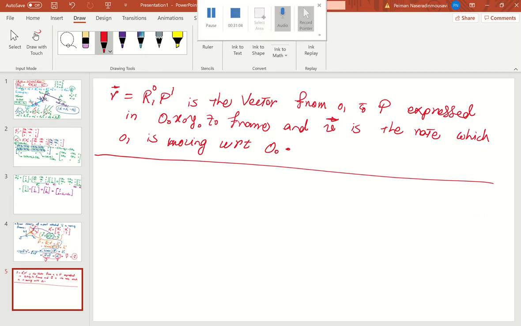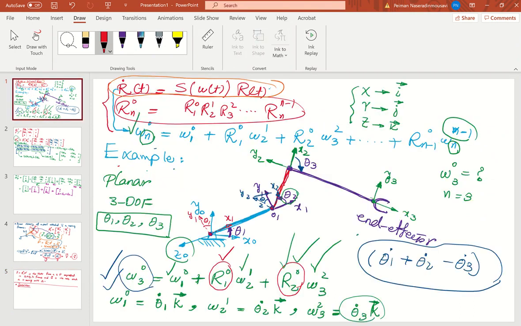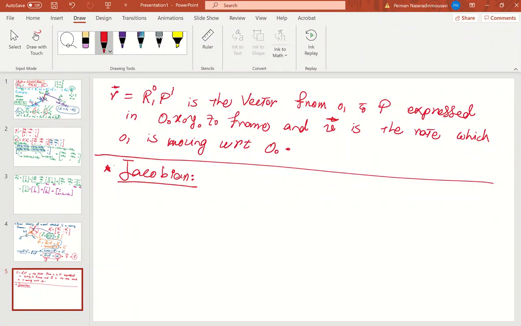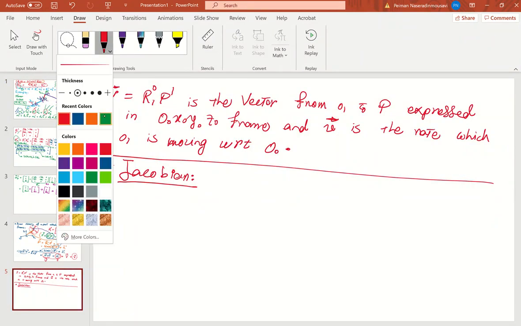Okay, now I can go to the introduction of the Jacobian matrix, that is the most important part of robotics. So after solving this 3D robot, we can go to Jacobian. Let me change the color.